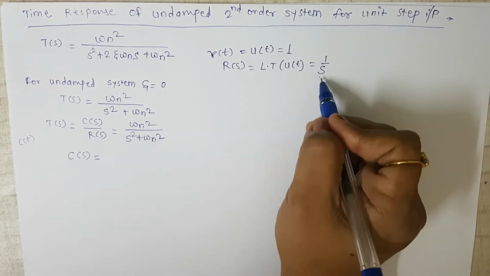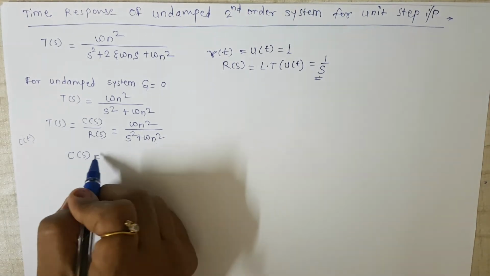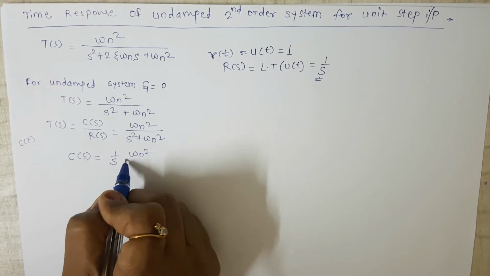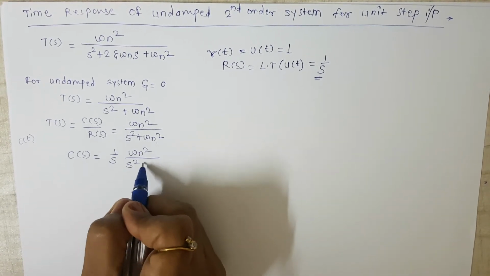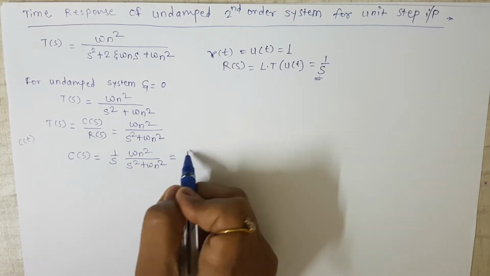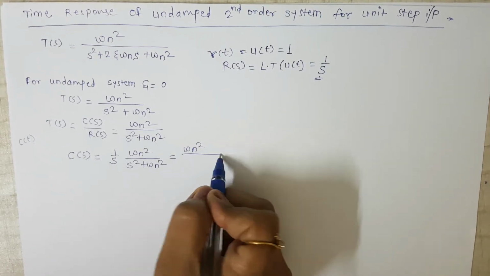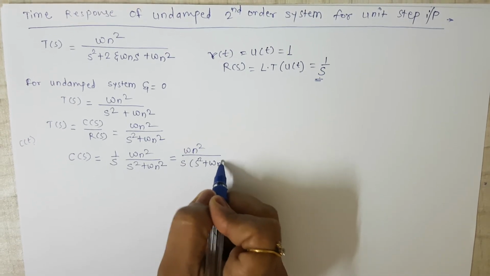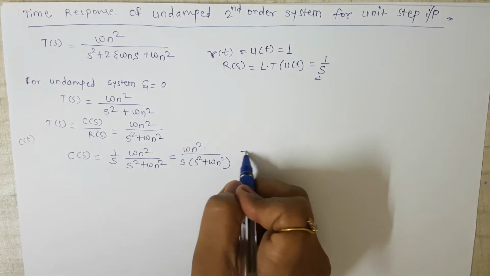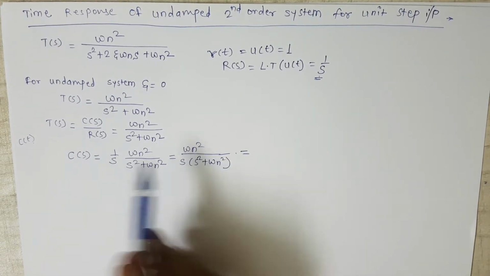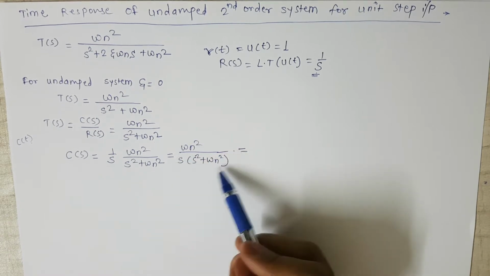So R of S is 1 by S. So I will put it directly over here, 1 by S into omega n square upon S square plus omega n square. After simplification, we'll have omega n square upon S into S square plus omega n square. Now, this is the C of S we are getting.